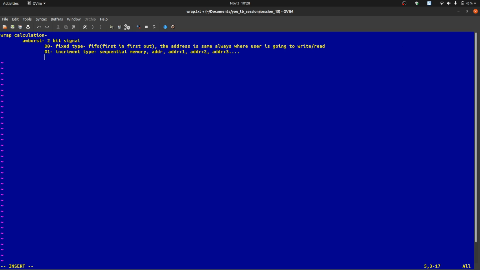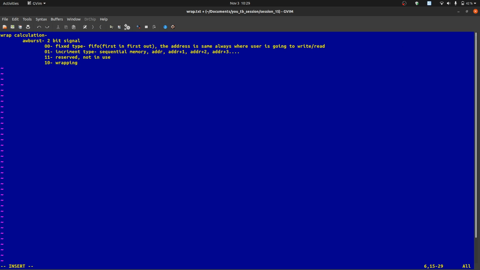And next one, 10, stands for wrapping. Let's discuss first 11. It is reserved, means not in use, and 10 is for wrapping.